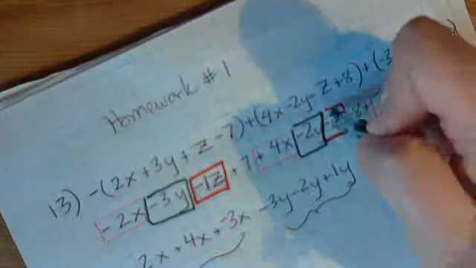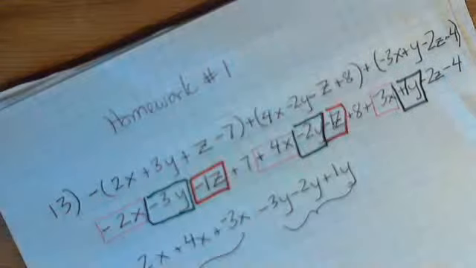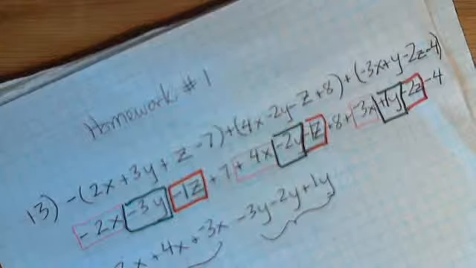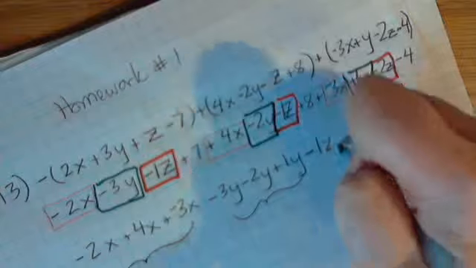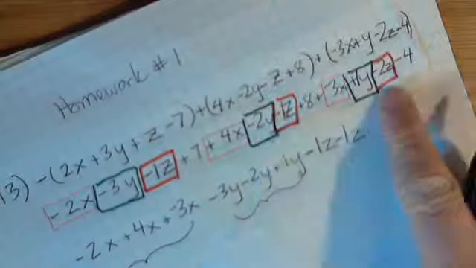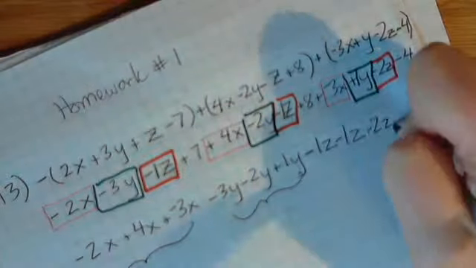Put a 1 in front of that with the minus sign. And over here I have a minus 2z. Again, I'm also boxing in the sign in front of that variable. Alright, let's write those down. So I've got minus 1z, another minus 1z here, and then minus 2z.